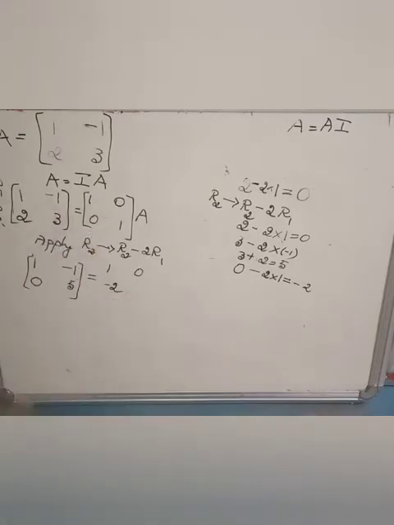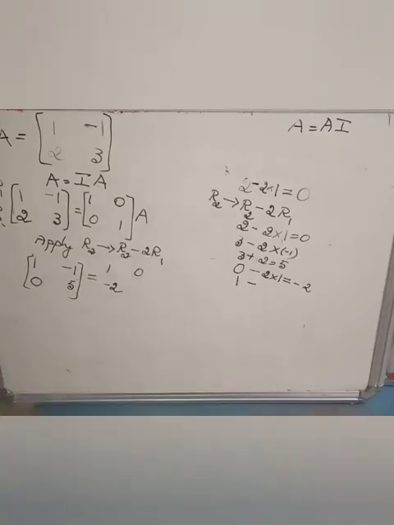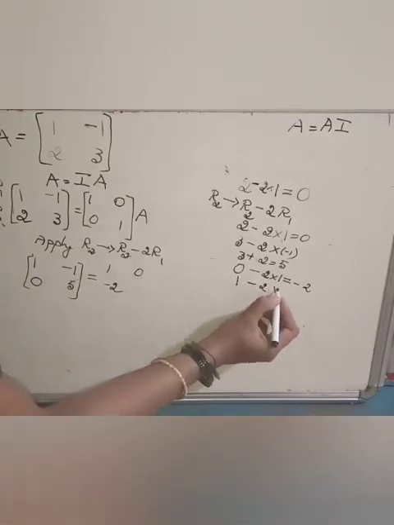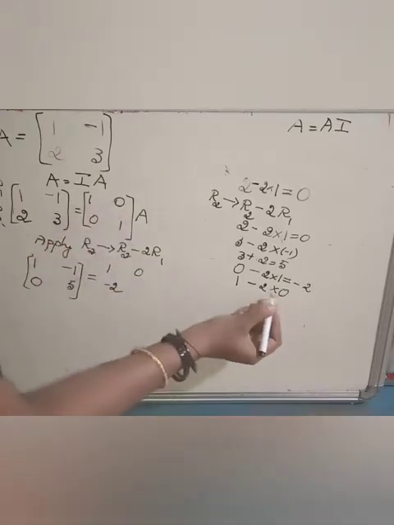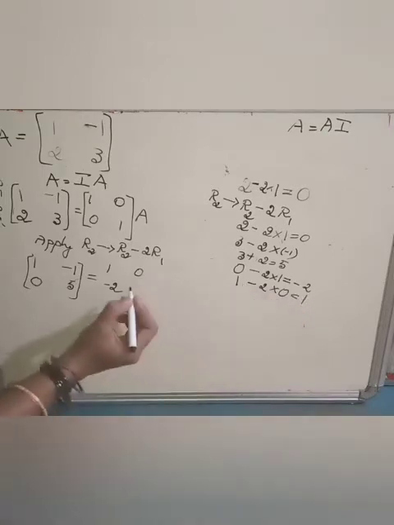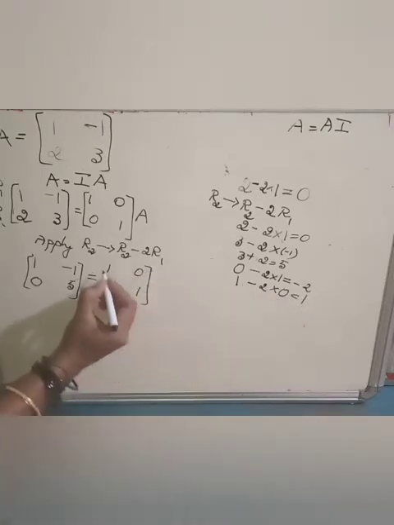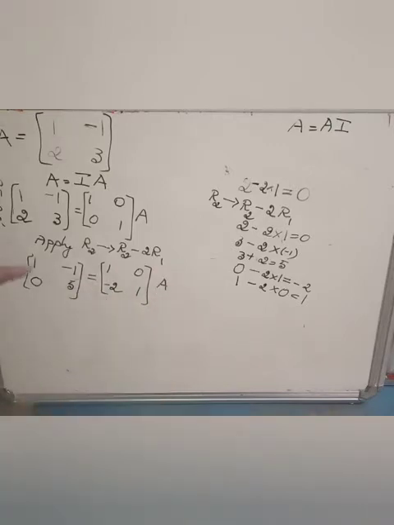Next, this entry. R2 is 1 minus 2 times the corresponding R1 entry, which is 0. You know that any number multiplied by 0 is 0. So 1 minus 0 is 1. So this is 1. So we have 1, 0 in the first row.